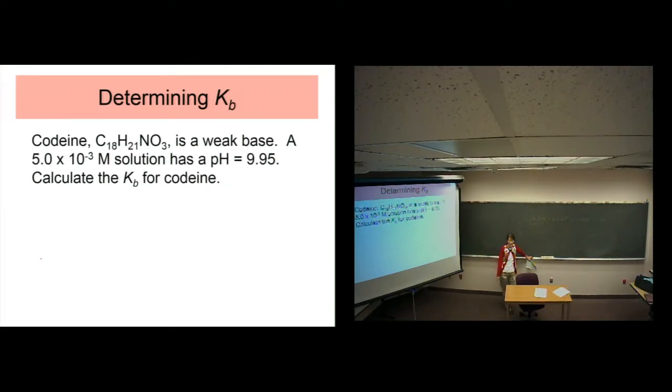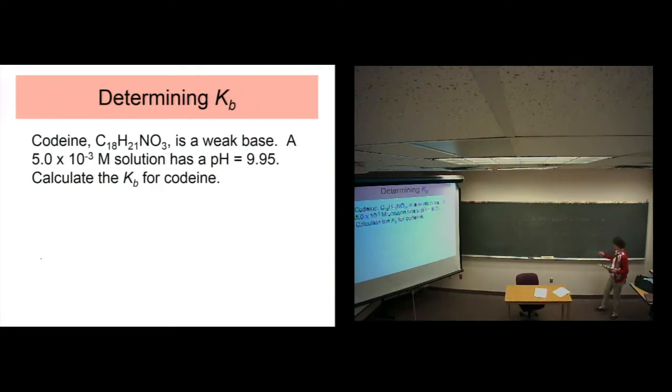So you'd say 14 minus the pH gives me the pOH, and then find the hydroxide ion concentration. What are we getting for that? 8.91 times 10 to the negative 5. Perfect. And then we know how to finish the rest of that ICE table, don't we?